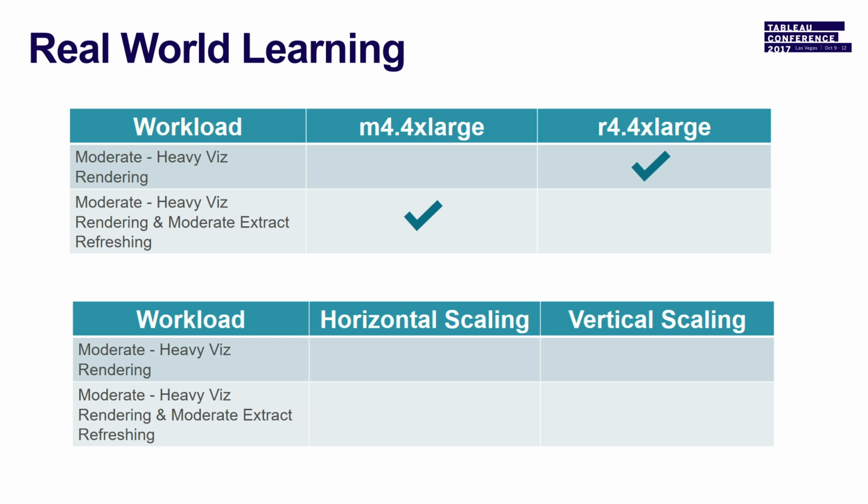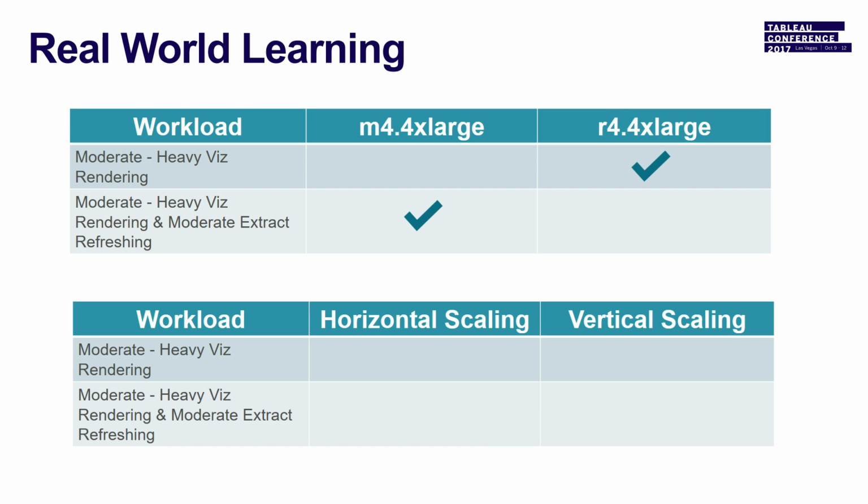So this is the sort of stuff that you can learn, and especially if you're doing a distributed deployment, it's actually really useful because you might stand up your instance that only is running VizQL server processes on it as an R4, and if you have a backgrounder-only machine that you use for refreshing extracts, you might make that an M4.